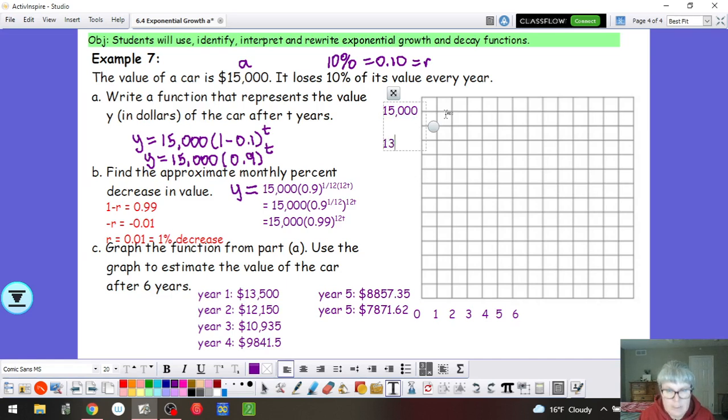So 13,000, 11,000, 9,000, 7,000. Let's adjust this just a little.